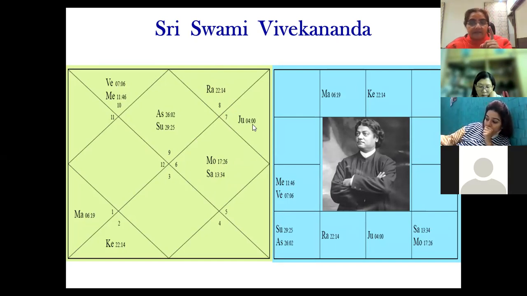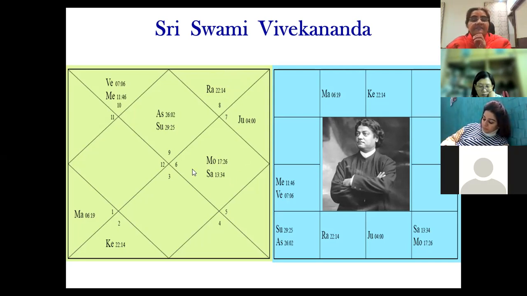Now, why Jupiter? Jupiter is the main lord. So Jupiter is aspected by Mars, and Jupiter is in Mars's constellation, Mars nakshatra, and Mars is the 12th lord. So all these factors have made him spiritual, and he gave a lecture out of the country. Rahu itself is the reason for foreign travels.